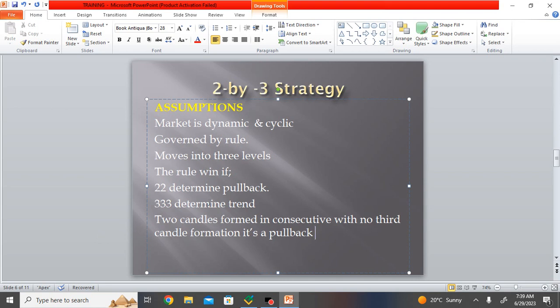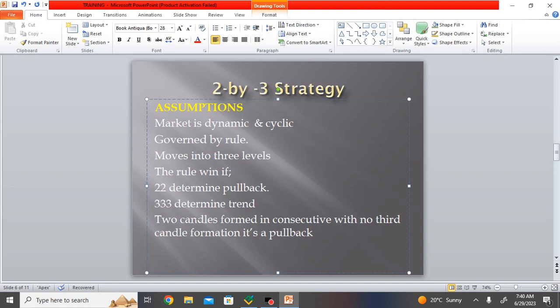So if it's two buy candles with no other buy candle, that means it is a sell trend, but it tries to buy with two candles.